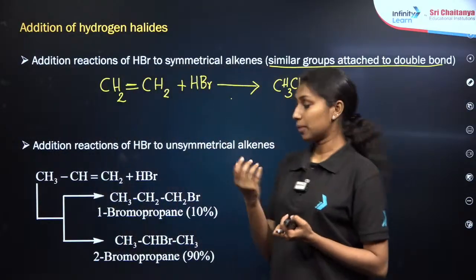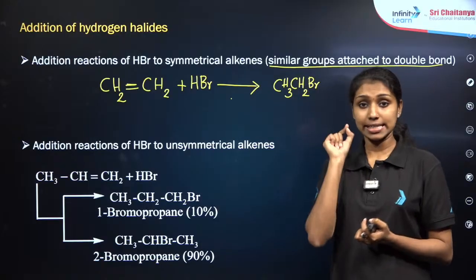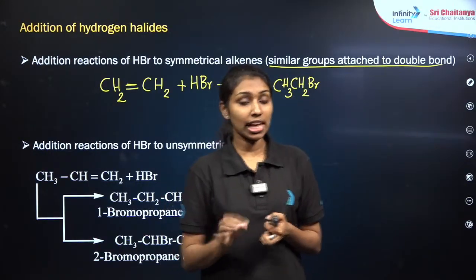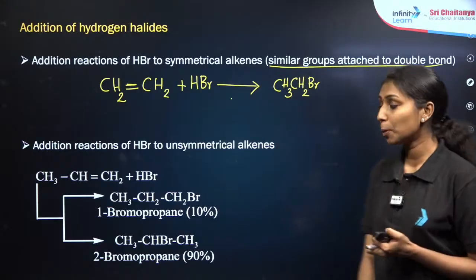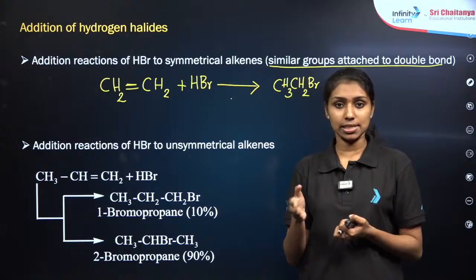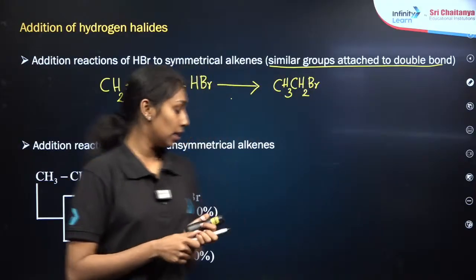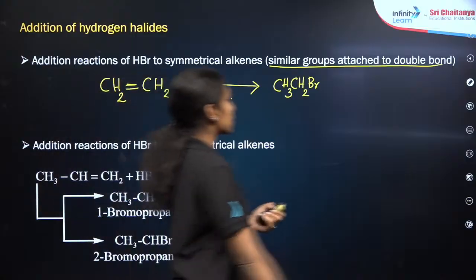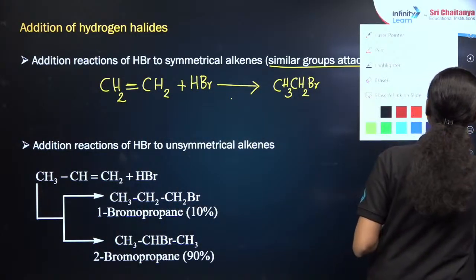If I am adding HBr, the same hydrogen bromide, to the propene molecule, I will get two different products. In experiment, it is observed that 1-bromopropane is obtained as 10%, a minor product, but 2-bromopropane is obtained as 99%, the major product. What will be the reason behind that?